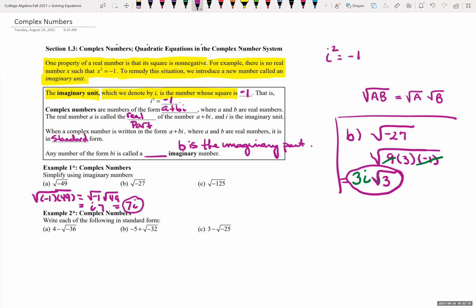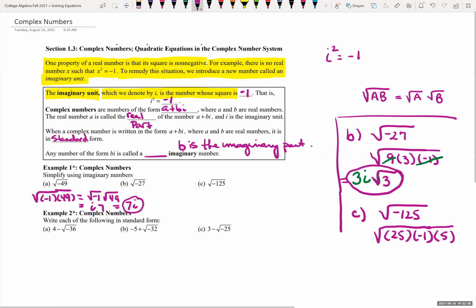And then part C, the square root of negative 125. So again, 125 is not a perfect square, but 25 times 5 is 125, and 25 is a perfect square. So I would break it down. We can write it as 25, doesn't matter, order of multiplication, times negative 1 times 5.